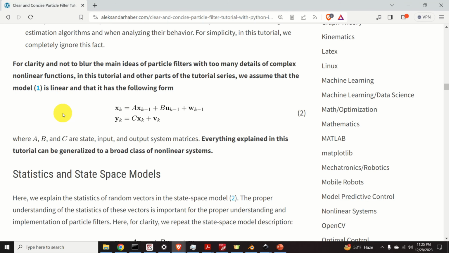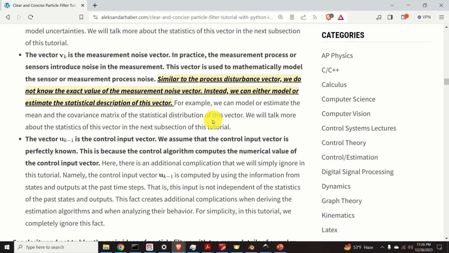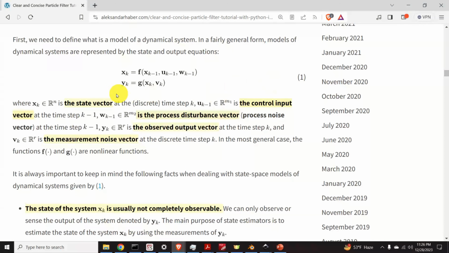Now, for clarity and not to blur the main ideas of particle filters with too many details of complex nonlinear functions, in this tutorial and other parts of the tutorial series, we assume that the model is linear and that it has this form, where A, B, and C are state, input, and output system matrices. Everything explained in this video tutorial can be generalized to a broad class of nonlinear systems represented by this equation.